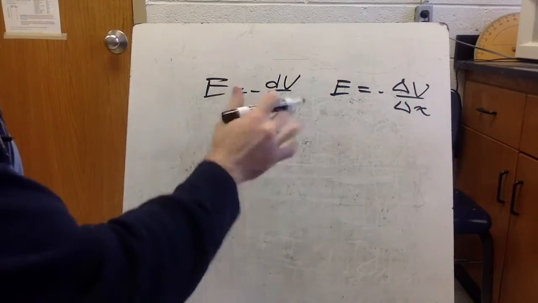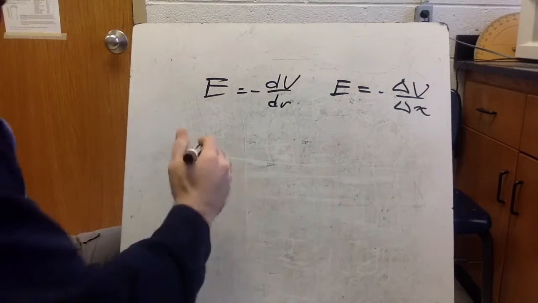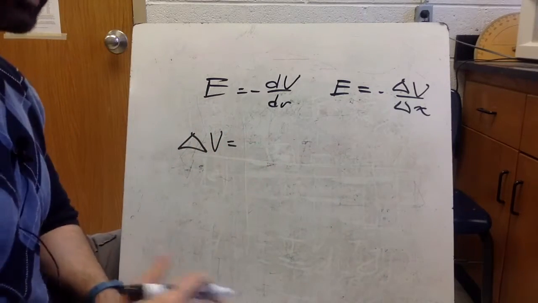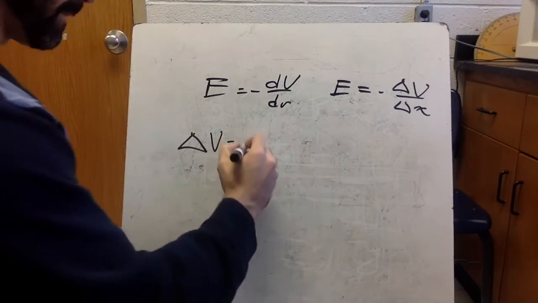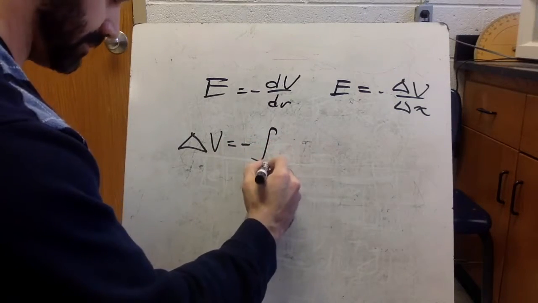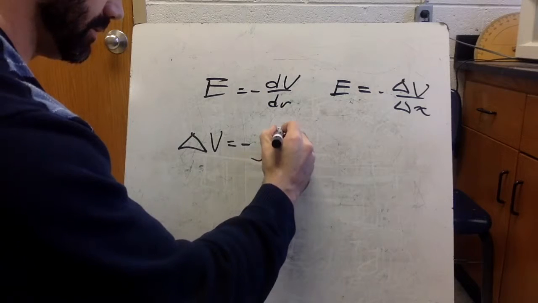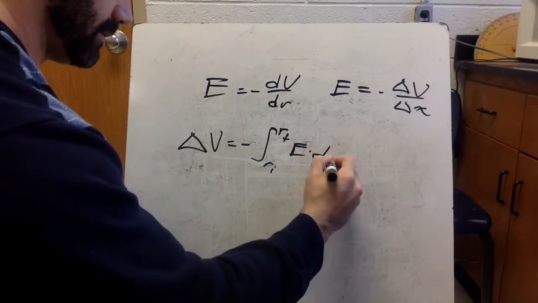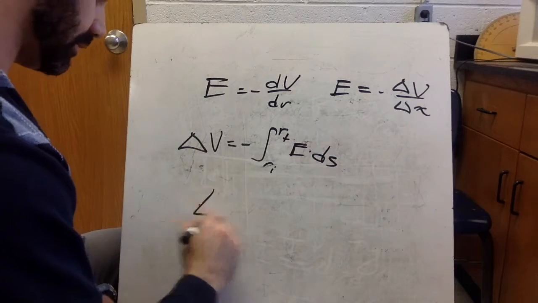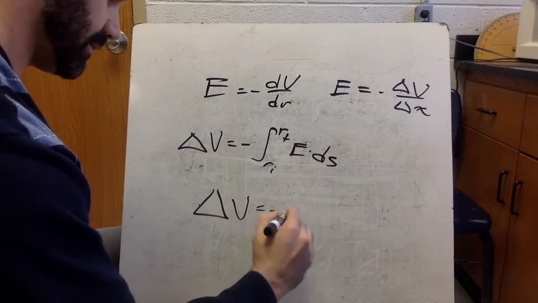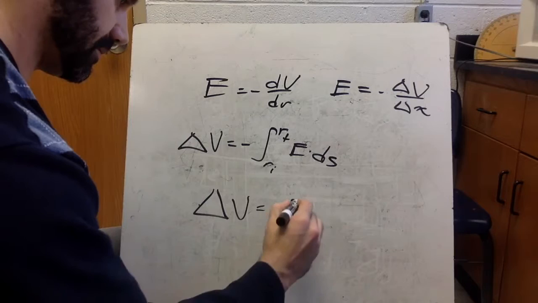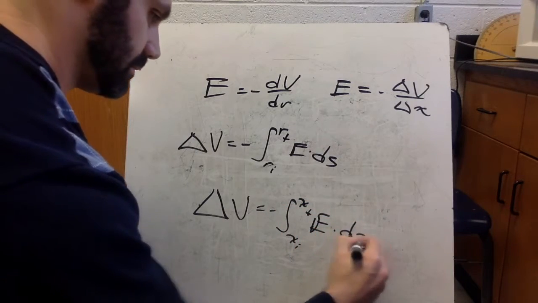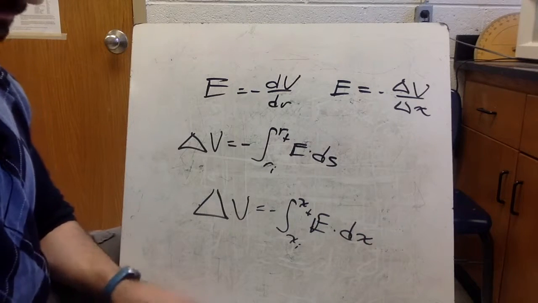Rearranging and using calculus, delta V, the change in electric potential, is negative the integral from initial to final of E dot ds, or negative the integral from initial position to final of E dot dx.